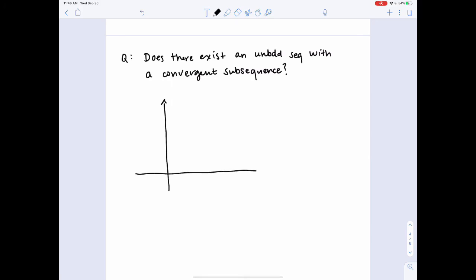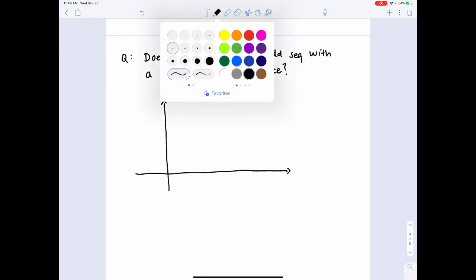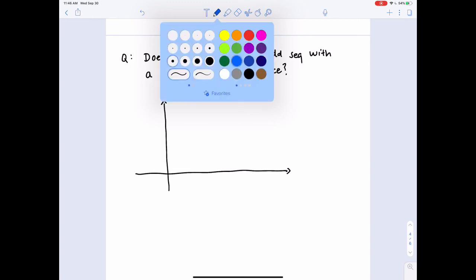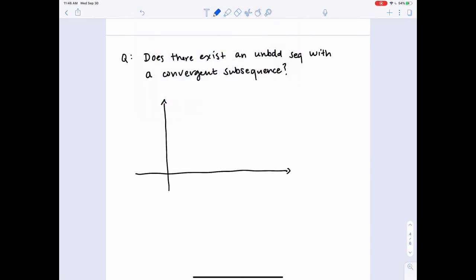Remember that when a sequence is unbounded, it's because its values in the tail are trending off toward infinity. Any one value in the sequence has to be finite, so if you're going to have overall unbounded behavior, you need a place where a bunch of values are going off to infinity. But you could do that in such a way that you pick your first term, and then your second term is just 0.